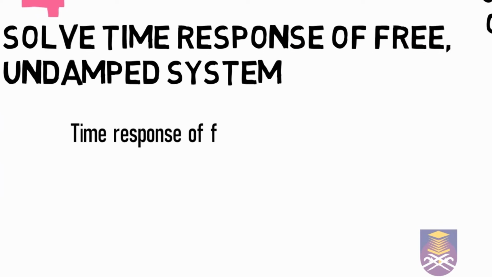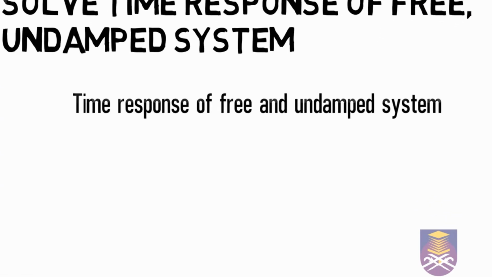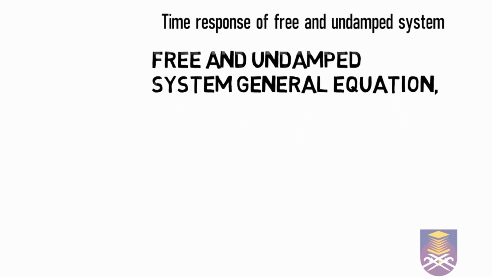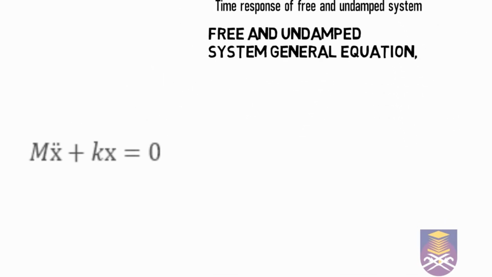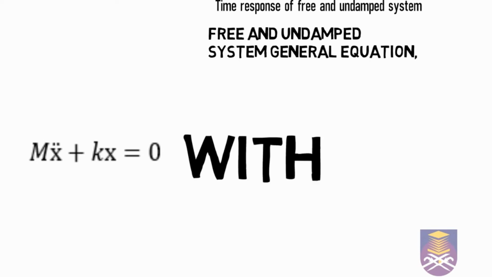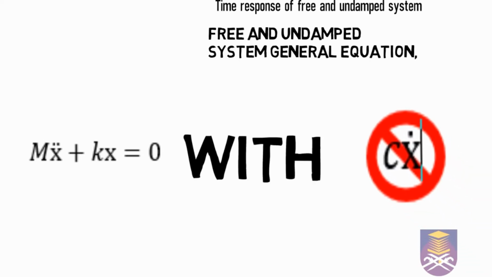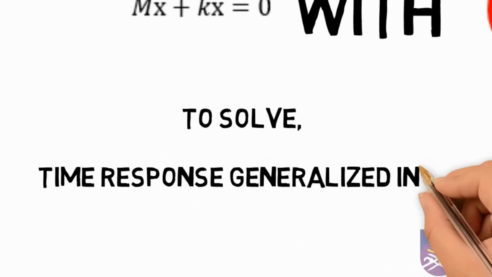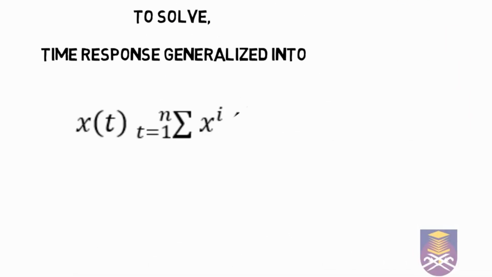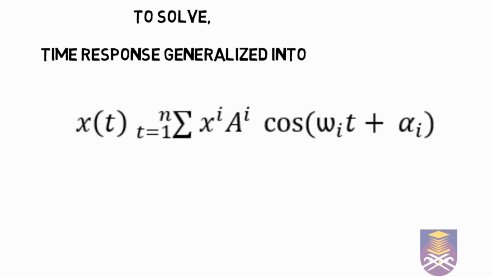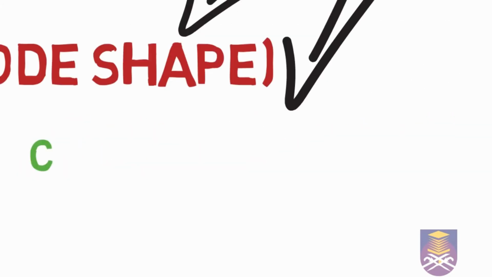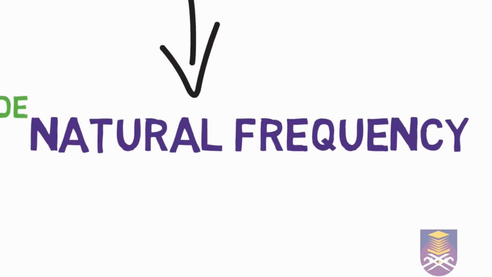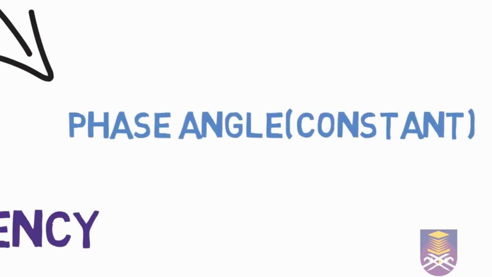We proceed to number 4. Time response of free and undamped system. M x double dot plus K x equal to 0, without C x dot. To solve, the time response is generalized into the following form, in which X is the modal vector or mode shape, A is constant amplitude, omega is natural frequency, alpha is phase angle constant.